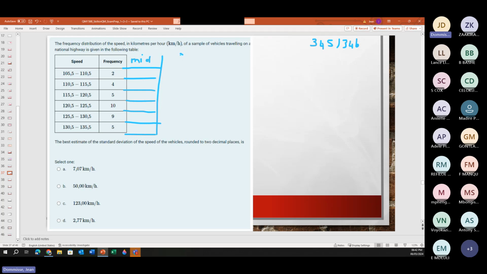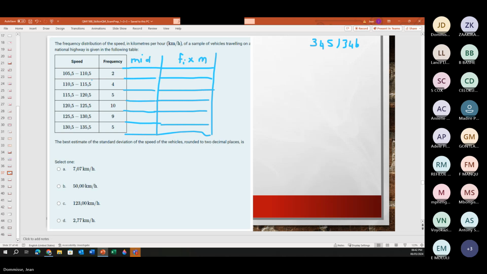Then that midpoint you are going to multiply with the frequency. So for each one, you're going to multiply the midpoint with a frequency. So we might even want to pull this into Excel.